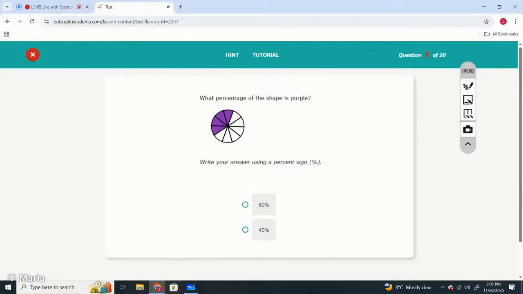What percentage of the shape is purple? That is 40%. Option number 2 is the correct option. 40% it is.